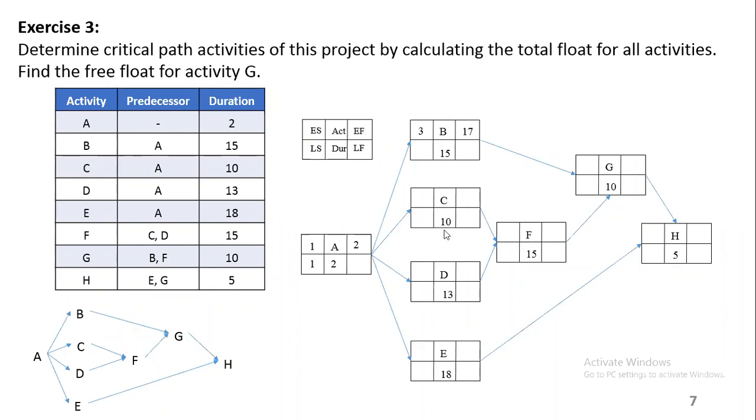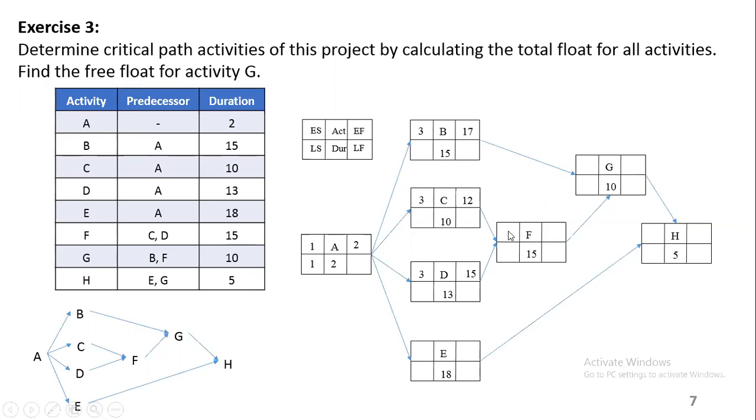So let's go to C. 3 there. 12. We cannot go to activity F again because we need to complete D first. For activity D, 3 again, and then 15 there.